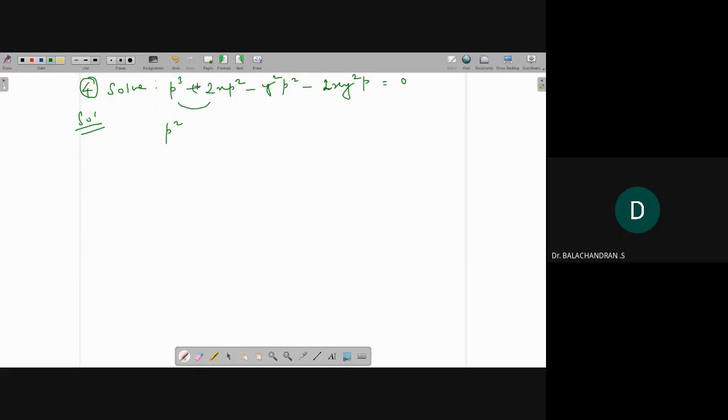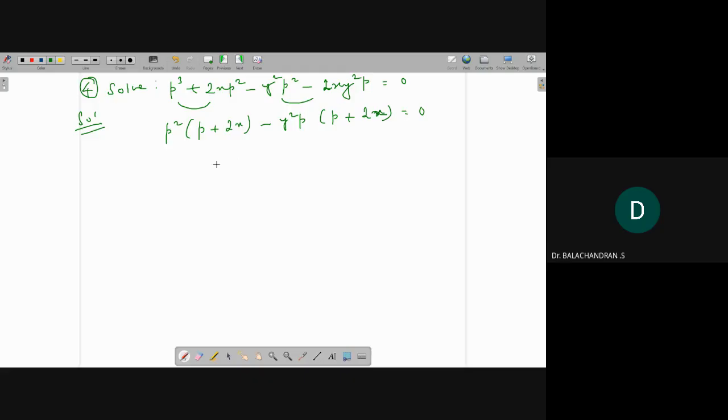You can't solve by using the formula minus b plus or minus root of b square minus 4ac. So is it possible to convert in the form of linear factors? I'll try. Remaining we have p plus 2x. Here, what is common? Minus y square p common. Remaining is p plus 2x.